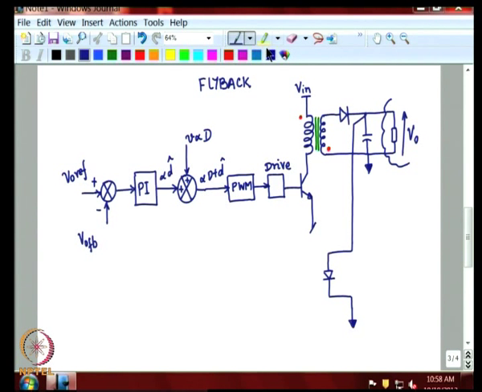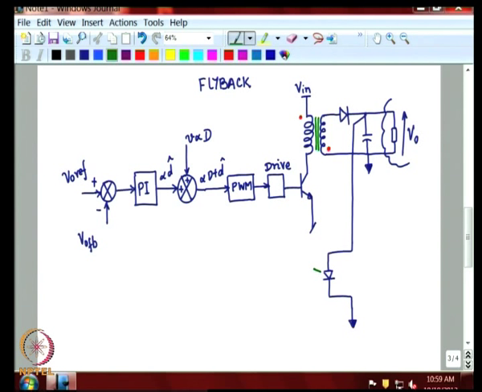So, it is like saying that we have a thick line wire connecting these two, but in order not to mess up the paper, we normally keep this line out and then put a symbol at this point and the same symbol at this point, indicating that these two are wired tightly together. Okay.